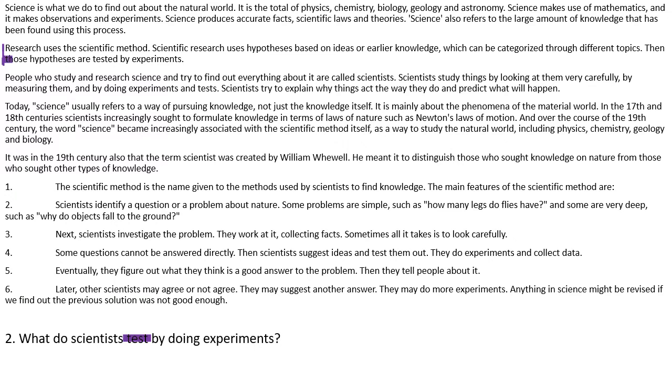Then those hypotheses are tested. So test links to this here. And what is being tested? The hypotheses, the guess, the prediction, the idea about what will happen, the hypotheses. So you should have written down the word hypotheses.